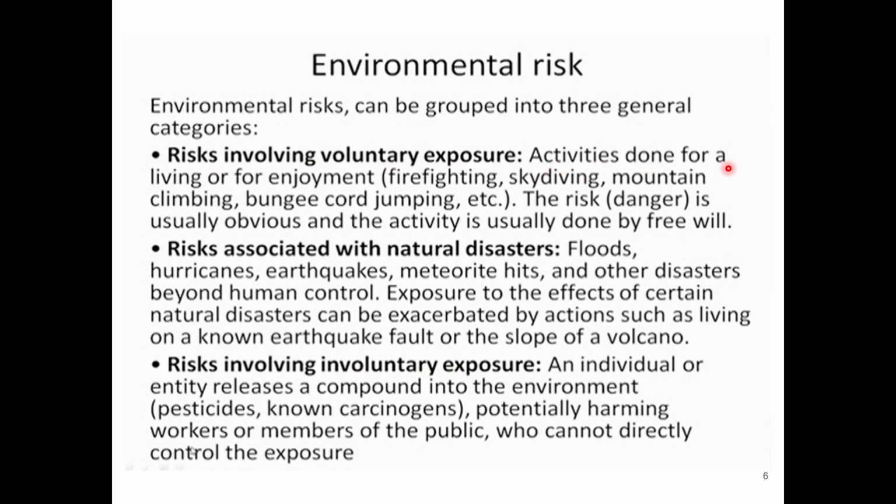That is activities done for a living or for enjoyment, such as firefighting, skydiving, mountain climbing, bungee cord jumping, etc. So here the risk or danger is usually obvious, and the activity is usually done by free will. So we are actually voluntarily participating in the activity which has risk, and also the risk is obvious. So we know what can happen, what can go wrong. So that is risk involving voluntary exposure.